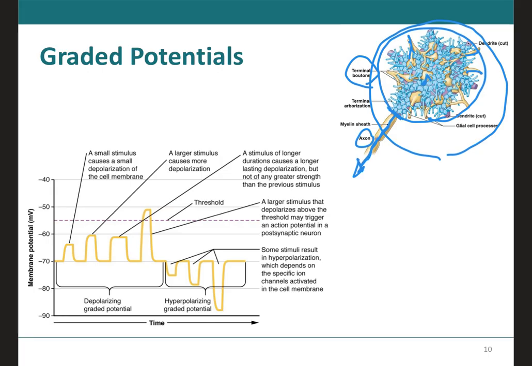All these small stimuli that are occurring at any given cell body or dendrite are what we call graded potentials. So here we have examples of graded potentials, which are these small, tiny spikes of information. You can have some that last a little time, others that last longer. Notice how this plateau over here is longer according to the time, and some are more potent than others because this stimulus over here is actually reaching threshold.